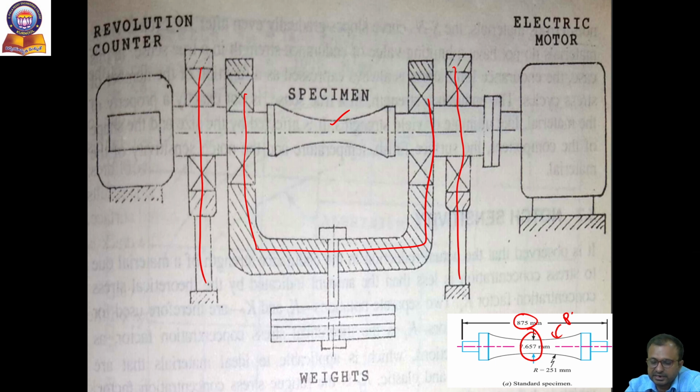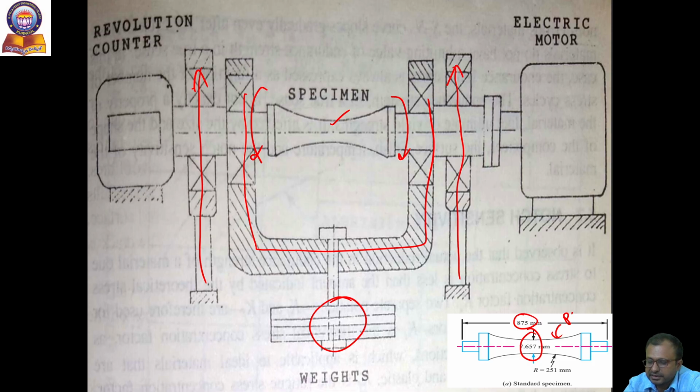These self-aligning ball bearings only allow the radial loads or vertical loads. Now here we see the weights. By adjusting the weights, we can apply the bending moment to the specimen, because in the rotating fatigue testing machine, the specimen is subjected to only bending.